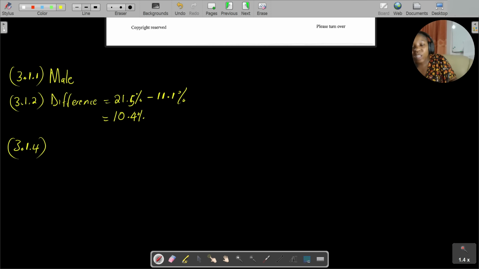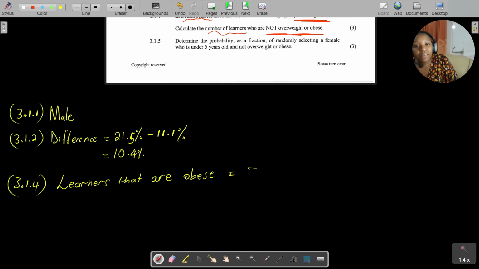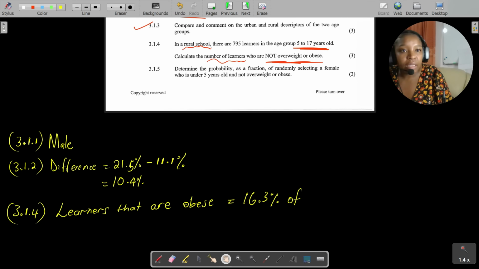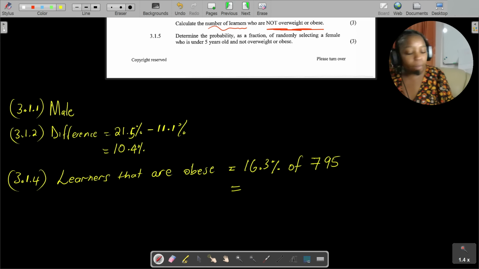So it basically means that for question 3.1.4, the learners that are obese, if they're telling us that the total of them is 795, then it's just going to be 16.3% of these 795 learners are obese. So we're going to basically start off by figuring that out.